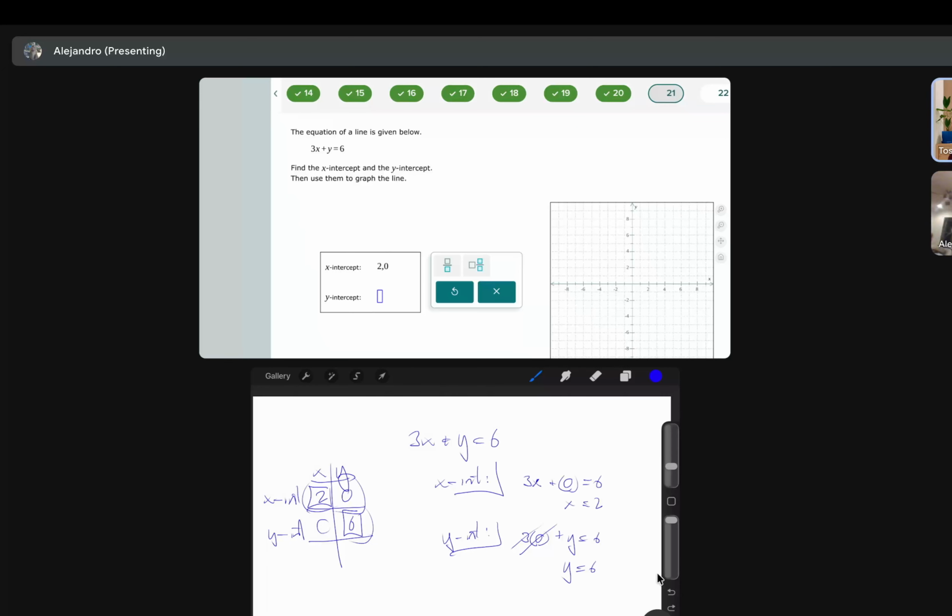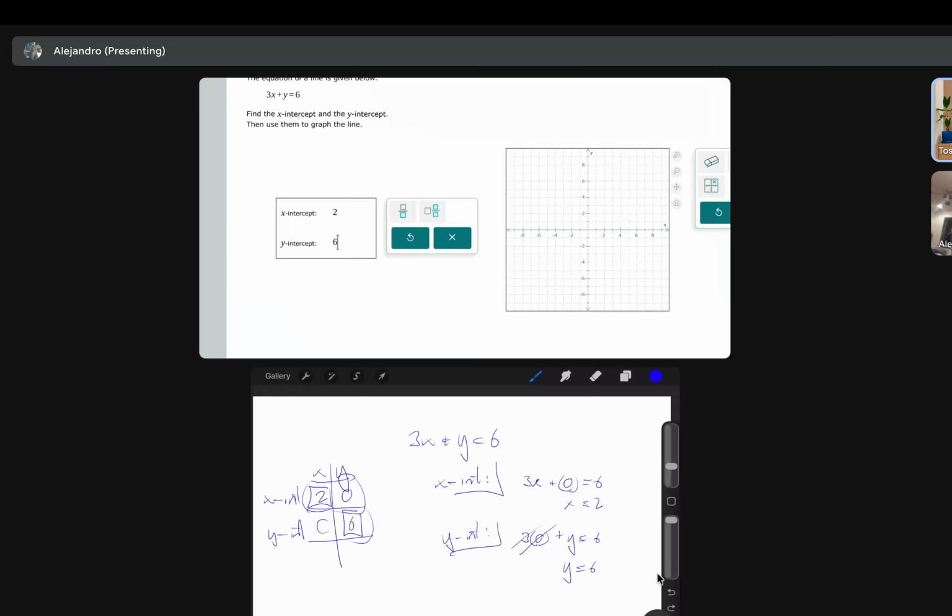If you don't, it's gonna mark you. Okay. Wait, I don't think I can put parentheses in there. Oh, that means they just want the x being 2 and the y being 6. Is that okay? Yeah. They're coordinates if you were to actually plot them.